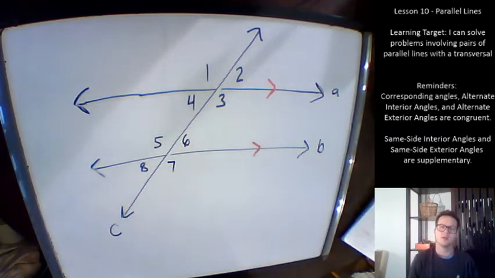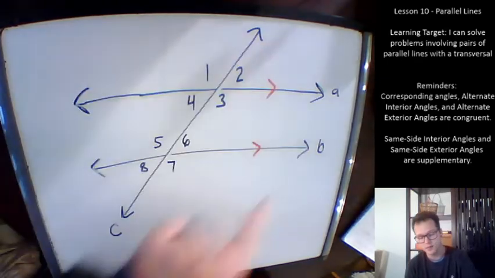The third angle relationship, a third of 5, so if you're keeping score at home, there are 5 total, and this is number 3. The third one is called alternate interior angles. What we mean by alternate is that one's on one side, one's on the other, so they're not same side, they're on alternating sides. And they are inside of the parallel lines.